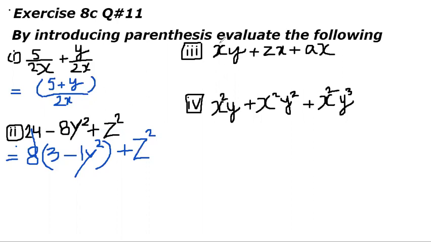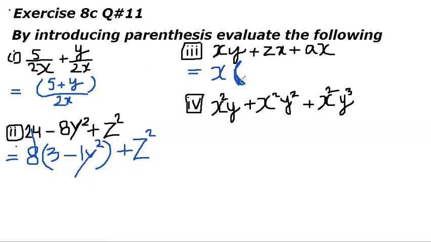Now let's do the third part. xy plus zx plus ax. You will notice that these are three unlike terms, but x is a common factor. To introduce parentheses, the common factor x will be written outside the parentheses.